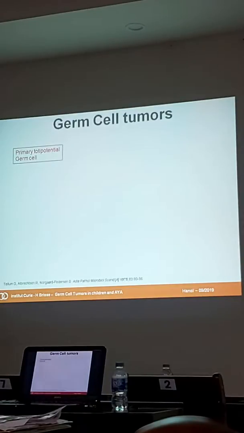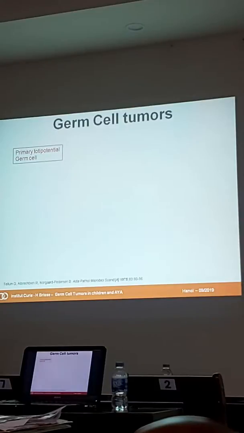Okay, so regarding the histological classification, which is not very easy to remember, it is based on the original publication of the 70s from Teilum, and this pathologist decided to classify the tumor according to the aspect, the pattern of the original cells. So this germ cell can have some degree of differentiation, and according to this differentiation degree, you can have different tumor types.